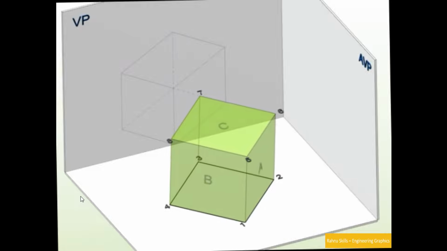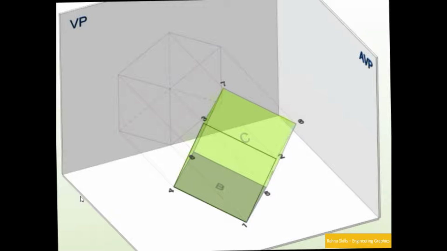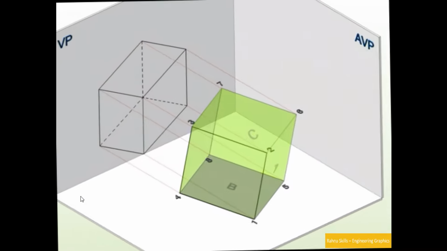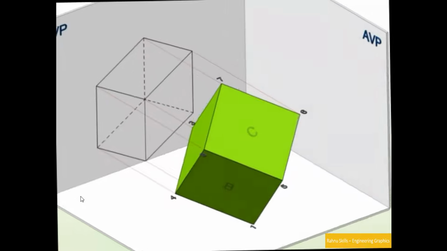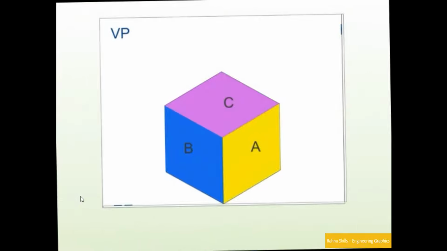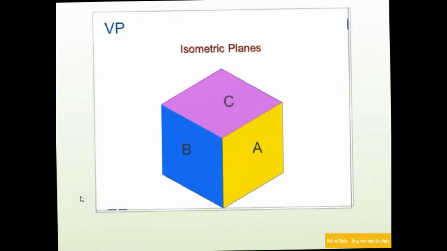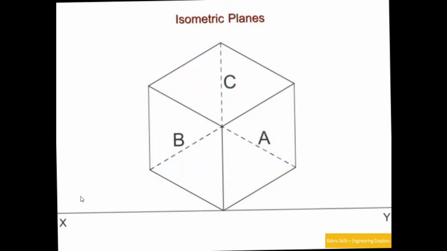So what we do, we tilt the object like this. Now when you stand on the same side of observer, you can see the front view, top view and side view in one diagram like this. So this is known as isometric drawing, and it is having now A, B and C isometric planes.